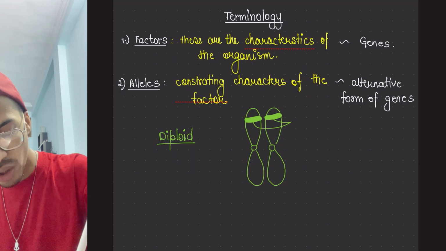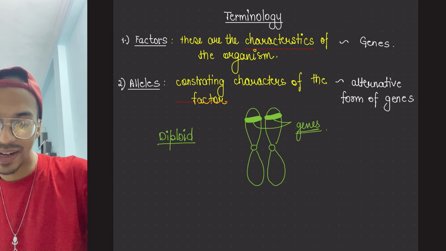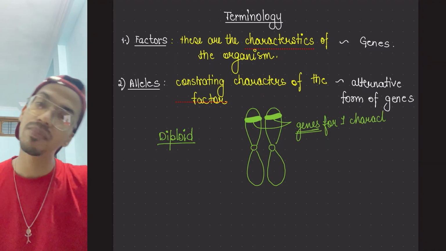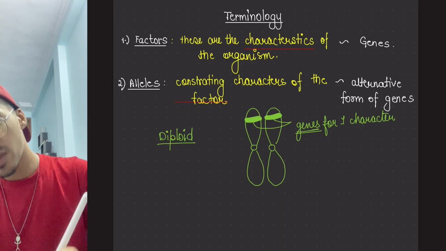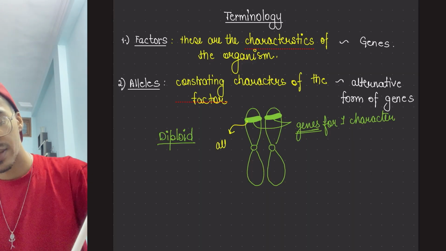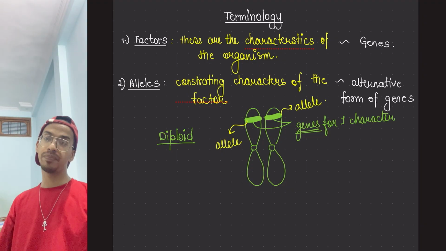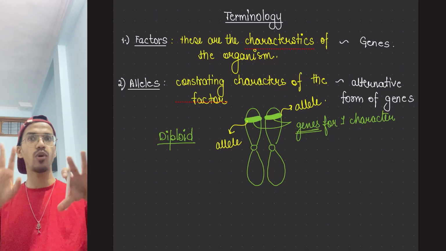So this is your gene for one character, but the two can be similar or contrasting. Individually they are called allele. This is also an allele. I hope this is understood. Gene is a bigger thing, allele is a type of it.